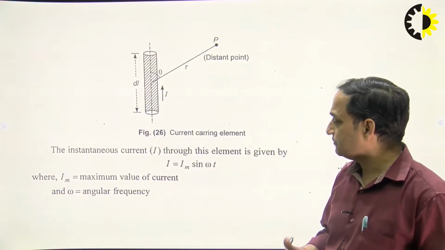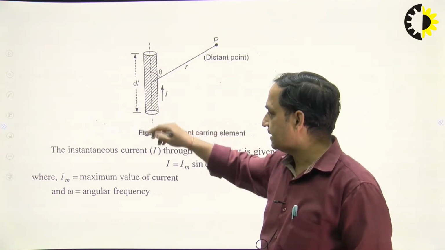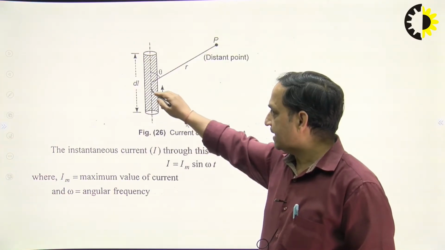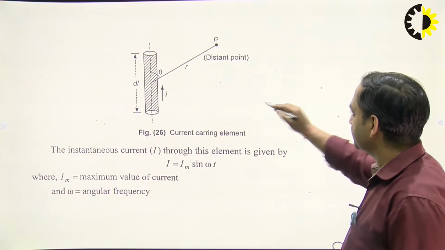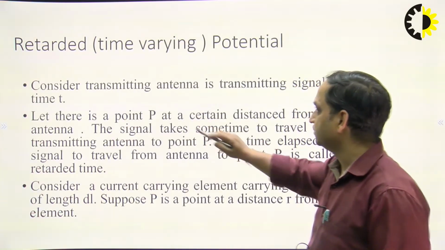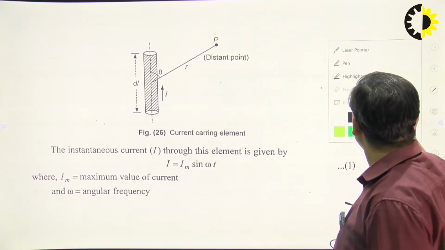If we assume a current conductor lying on the z axis, the signal transmitted from this point takes time to reach point P, right?